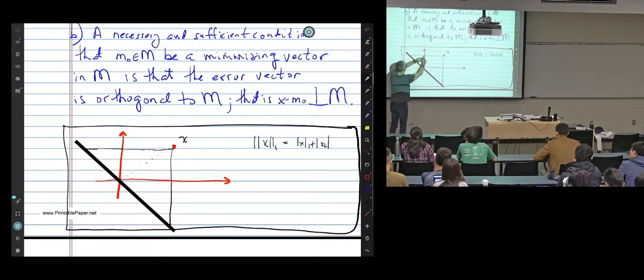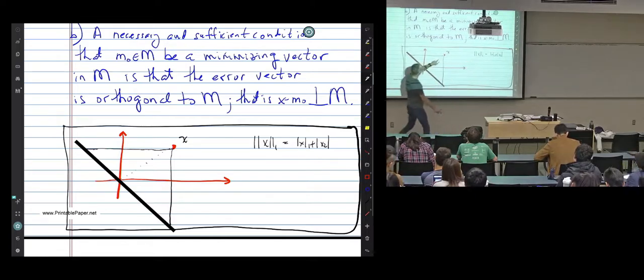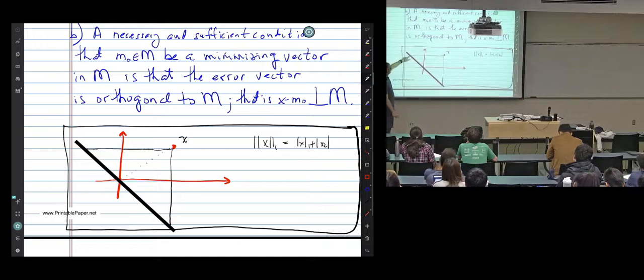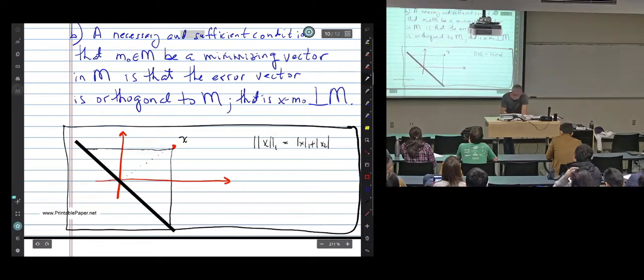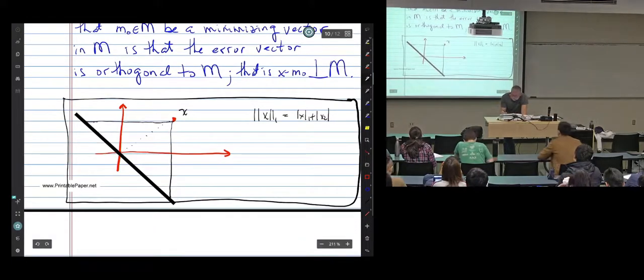This is 1, and then this is 1 over square root of 2. And also, there's 2 of them. Okay? So, you change the norm. This is not the minimizer. This is the minimizer, and it's not unique, okay? So it's magic in the 2 norm. Okay? 2 norm is important, okay?